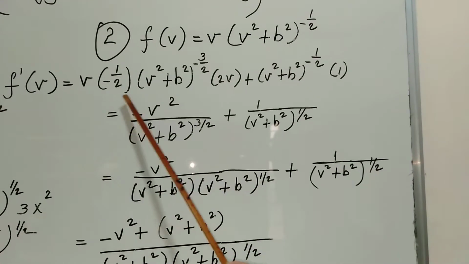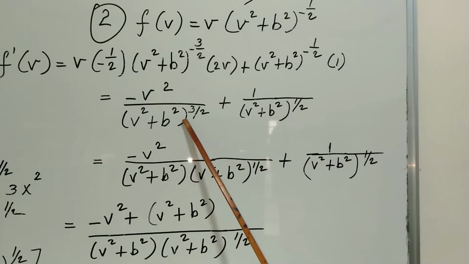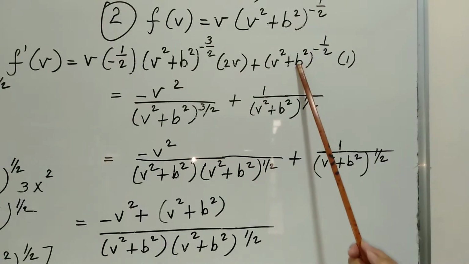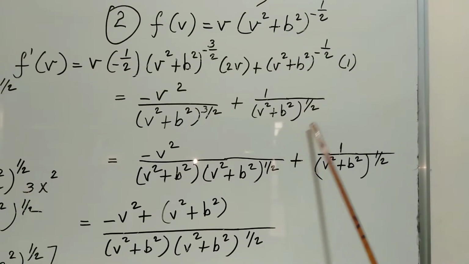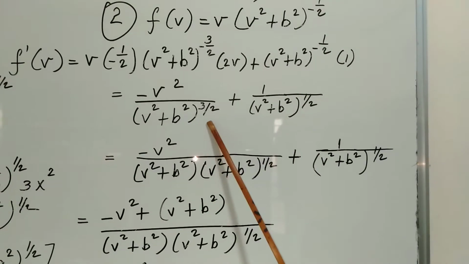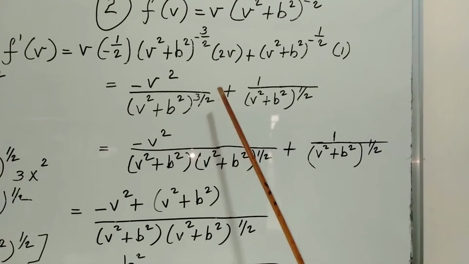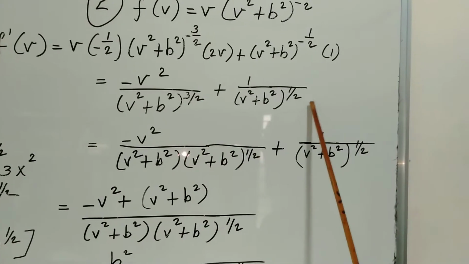What remains is negative b times this binomial here, we put this one down, no? Plus, we put this one down also, 1 over b squared plus b squared raised to 1 half. So, as you can see, we have two kinds of fraction, no? Two forms of fraction. One is raised to 3 over 2, one is 1 half.